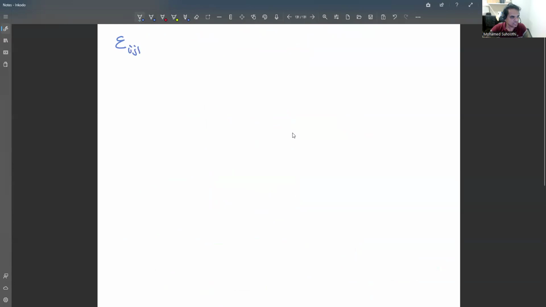Delta IJK and delta KMN equals delta IM delta JN minus delta IN delta JM. Just ignore this one and combine another thing: IM JN minus IN JM.